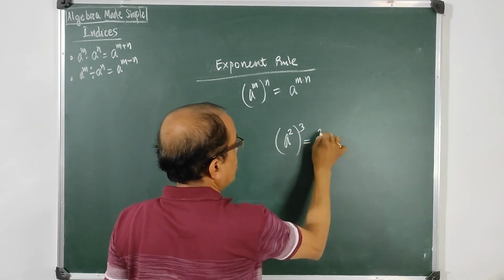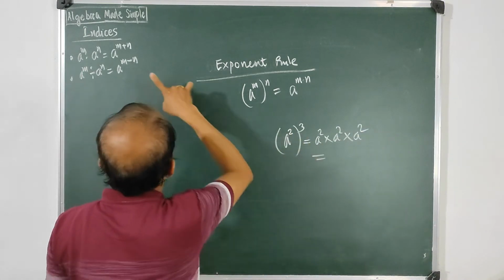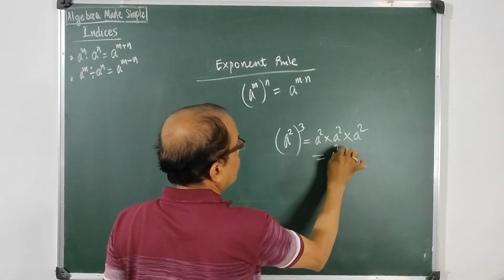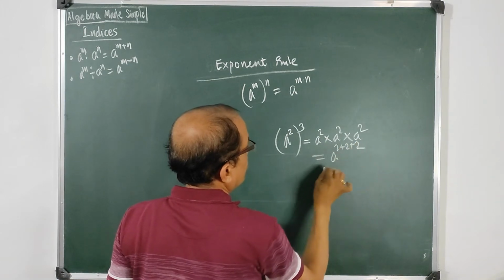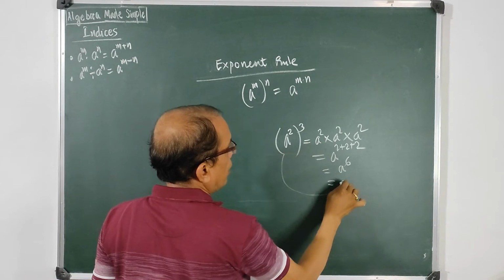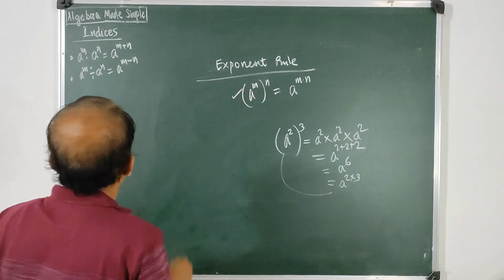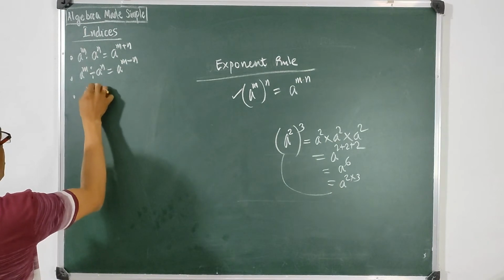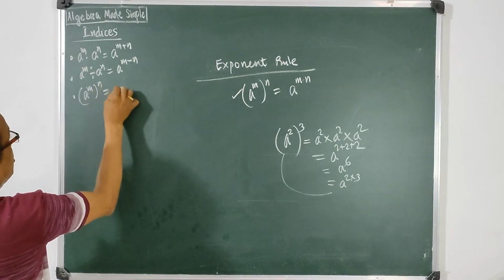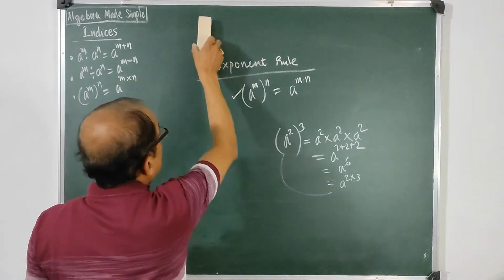It is a square into a square into a square. According to the first rule, we shall have a to the power 2 plus 2 plus 2, and this will be a to the power 6, and this is also equal to a to the power 2 into 3. So the third rule is a to the power m, whole to the power n, is a to the power m into n.